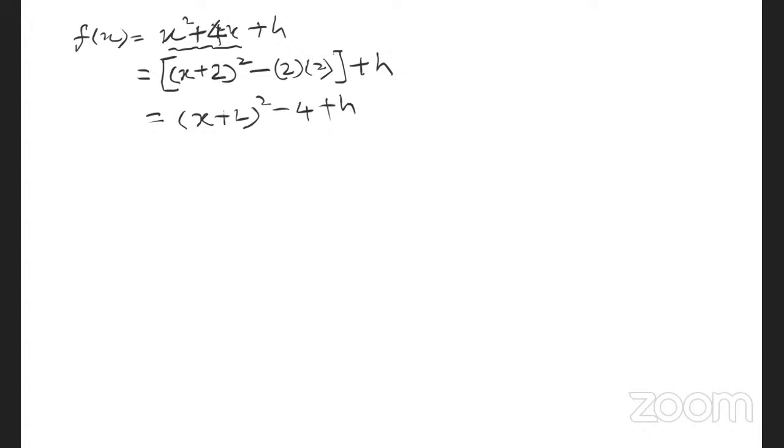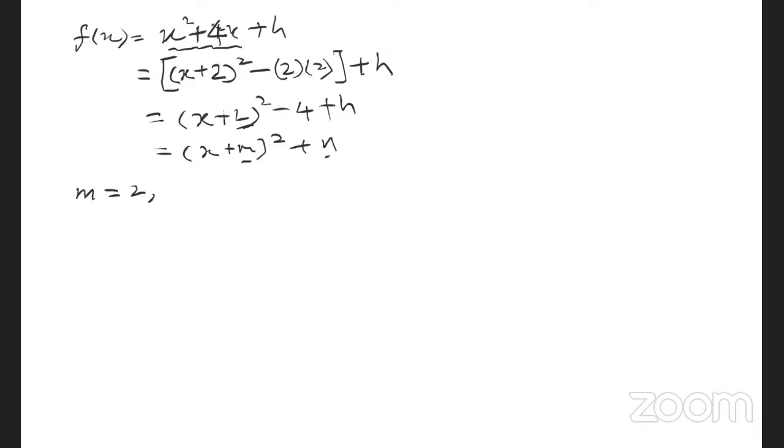Okay? So, they expressed in the form. So you compare, you write below it. X plus n square plus n. What is n? So n is 2. What is n? What is n? Yes.